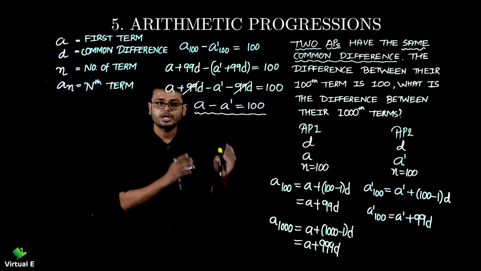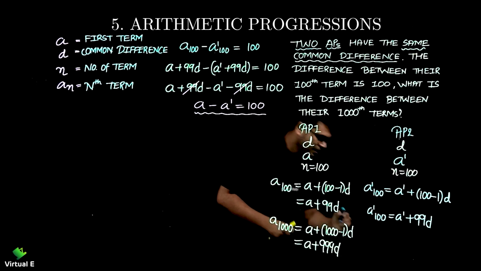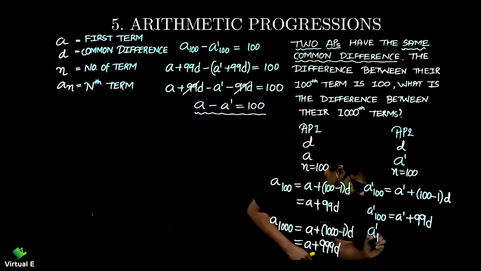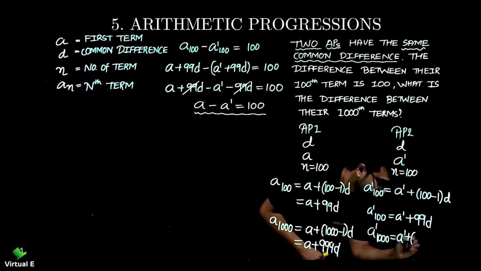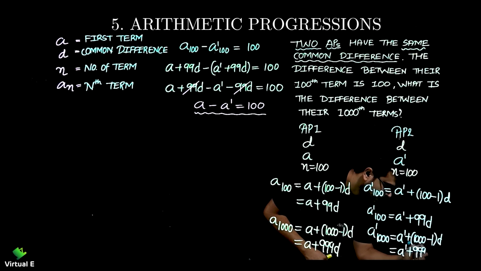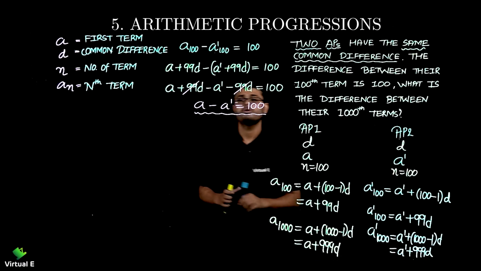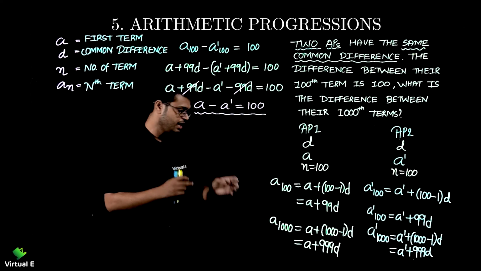This is my 1000th term. Let's get it over here as well. A dash 1000 is equal to A dash plus (1000 minus 1) into D, so A dash plus 999D. So my 1000th terms are also here.